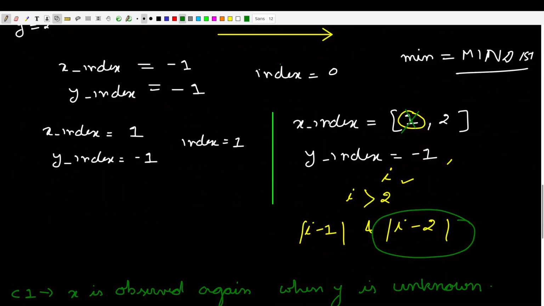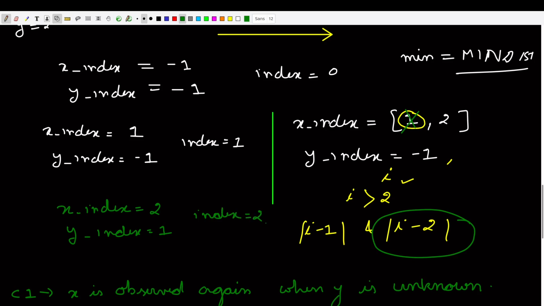So what I'm saying is that rather than maintaining it in list form, we can just directly say that the x index now has been moved to 2 and the y index is -1, right? And here our current index is 2.